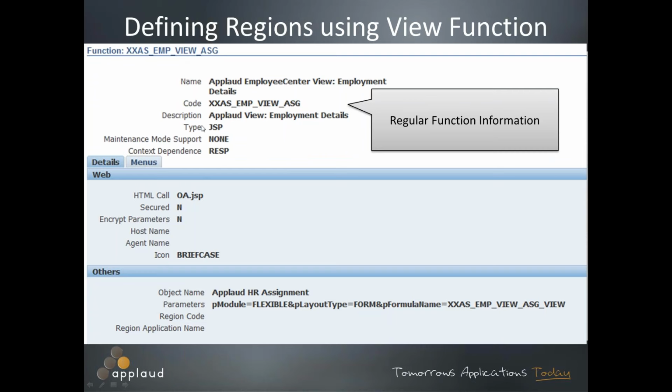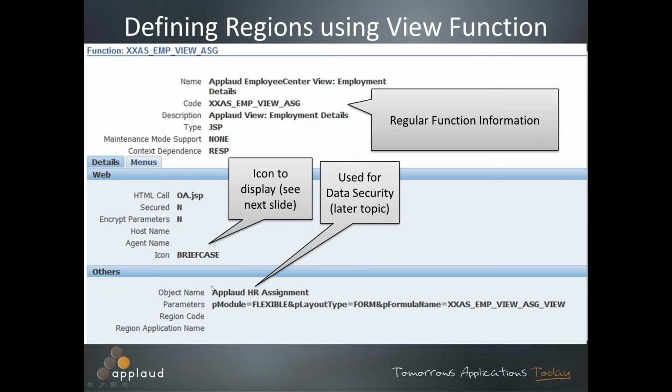There's function information, give them a name and a code, description. Then we have an icon. I'll talk about the icons in a second, about why we use them. This object name is very, very important, but we won't worry about it now. We'll talk about this in the second set of sessions on security. But this object name is an extremely important part of the function setup. So this will be coming under the RBAC training that we do soon.